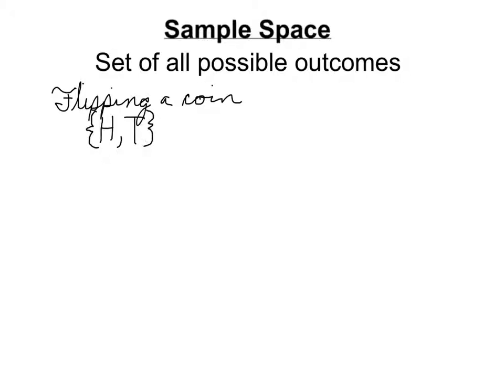Closing bracket. And there's my sample space for flipping a coin. So if we think back to the probability of flipping a coin and getting heads, well, there's one of these that's a heads out of 2. So probability is 1/2. Now let's look at the sample space for rolling a die.